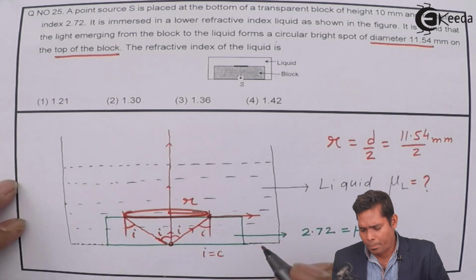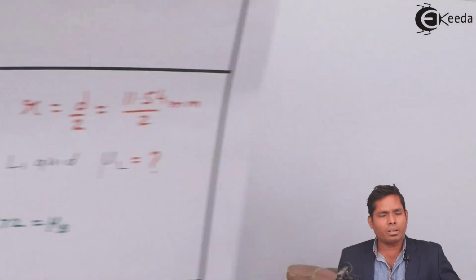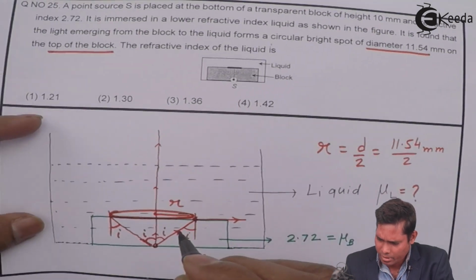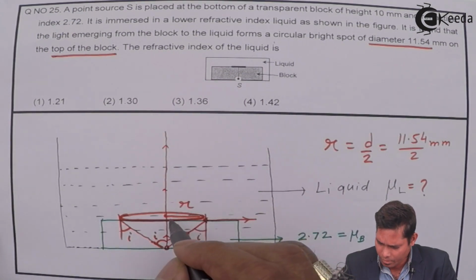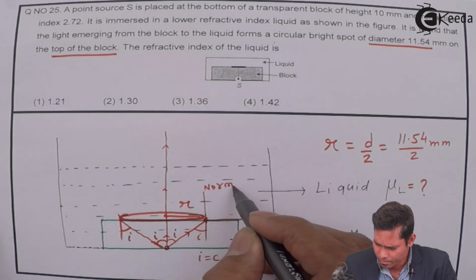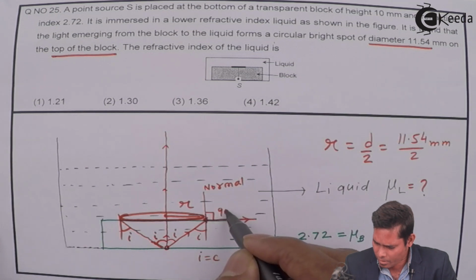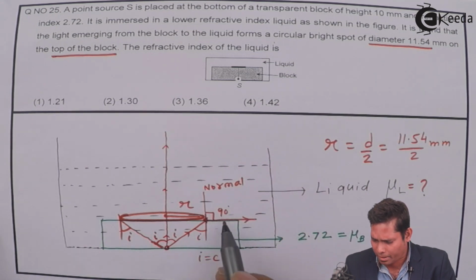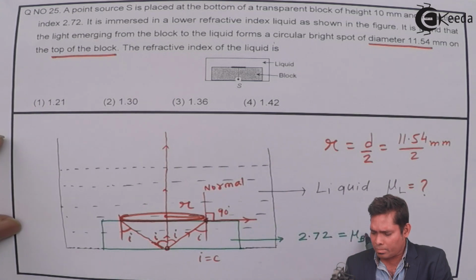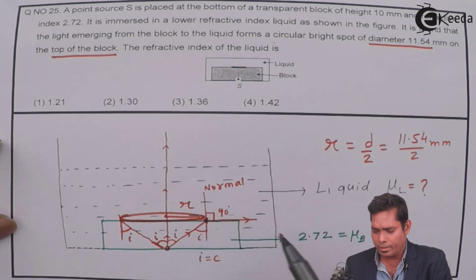So I apply Snell's law. This is the normal, and this angle is 90. I have two media, one is liquid, another is block, and I apply Snell's law here. So I have refractive index mu b sine of c equals mu l sine of 90.